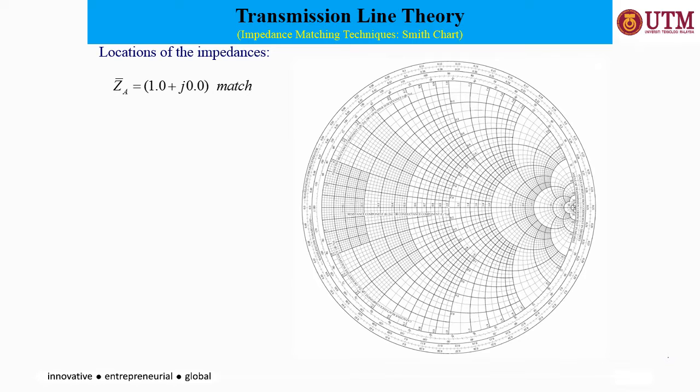If you have the normalized impedance Z, 1 plus j0, the position is on the horizontal line where it is in the matched position. Then ZB is there, and then ZC, if the real value is infinity, it is an open circuit, where the load impedance is infinity.